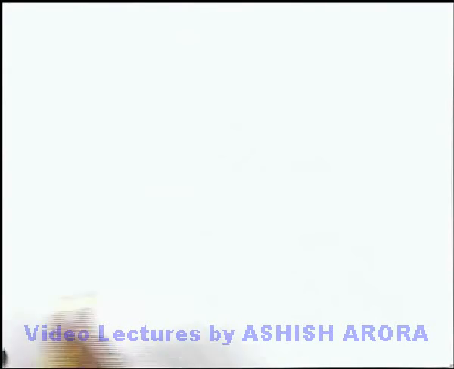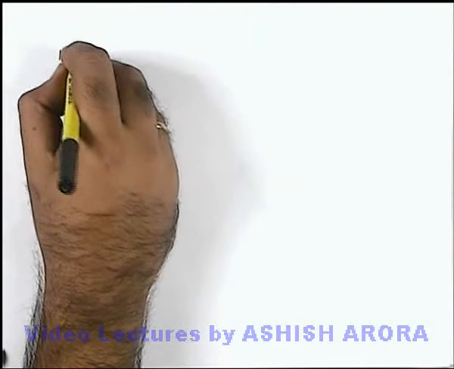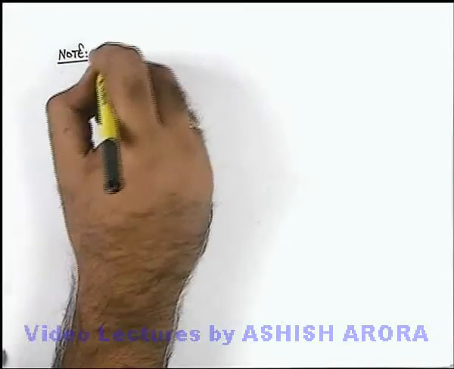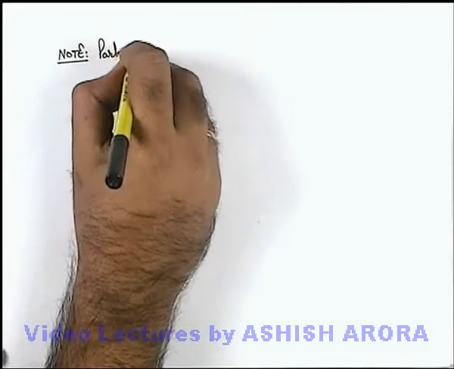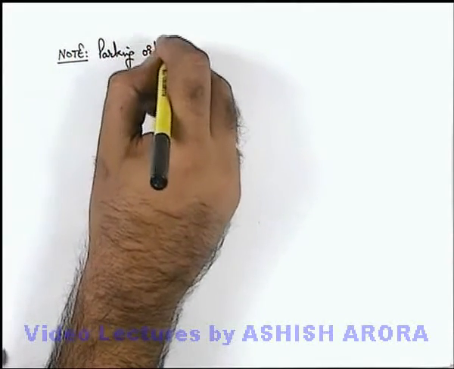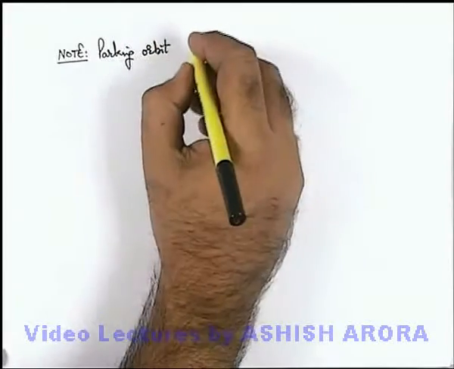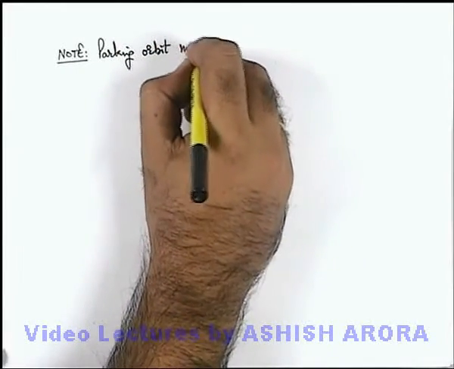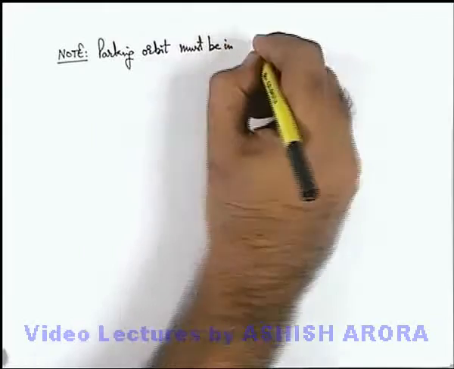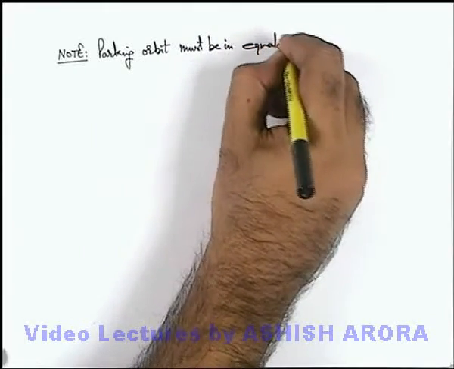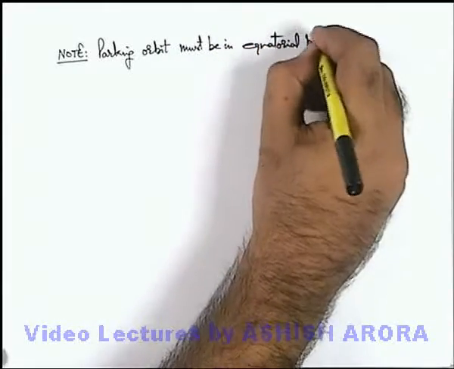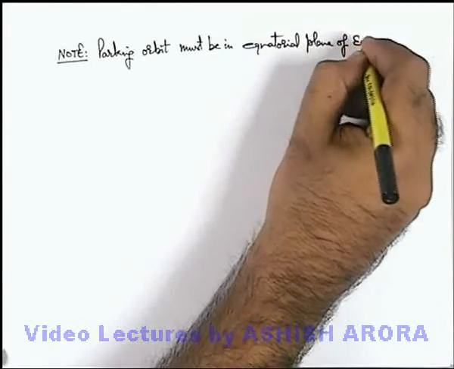So for a geostationary satellite, you can always write this important note: the parking orbit, which we generally term as the orbit of a geostationary satellite, must be in the equatorial plane of Earth.